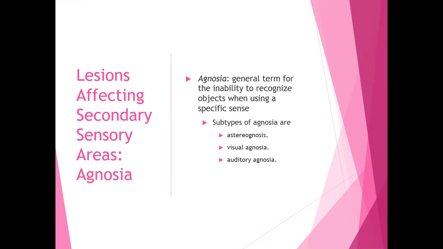Basically, when you have agnosia, you can perceive the sensory input, but you can't organize it, categorize it, or use it, because your secondary sensory areas are what do that categorizing and aligning it with what you already know. So you can perceive the object, but you can't process what it is. It's a processing error, if you want to think of it that way.